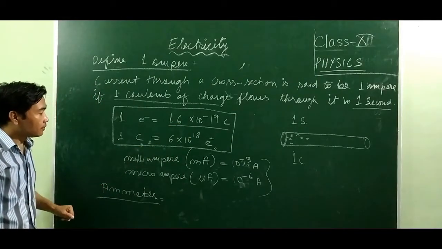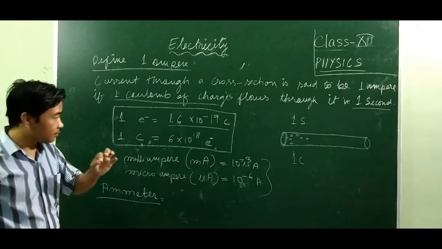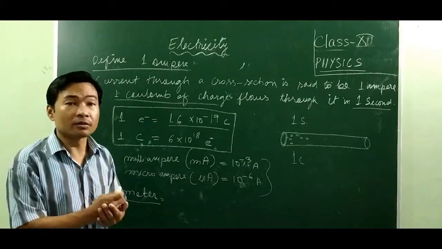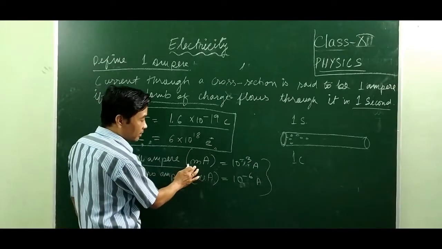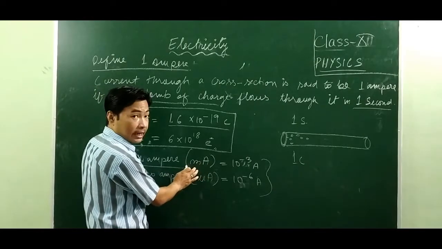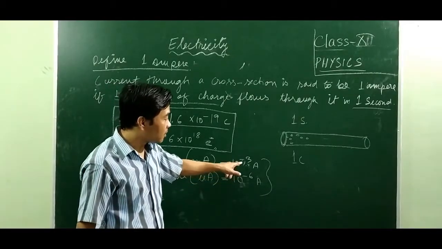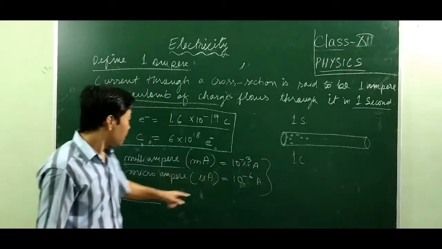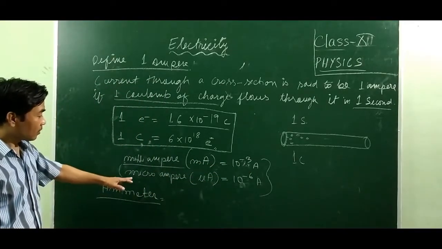Now there are smaller units to measure small amounts of current. We have the milliampere, which is denoted by small m and capital A, and its value is 10 to the power minus 3 ampere. And smaller than this milliampere, we have the microampere.